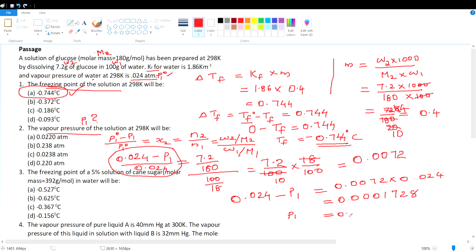So what do we get? 0.024 minus 0.0001728, which is equal to 0.0238. Vapor pressure of the solution, atmosphere. This is the answer. 0.0238 is the correct answer. Option C is the vapor pressure of the solution.